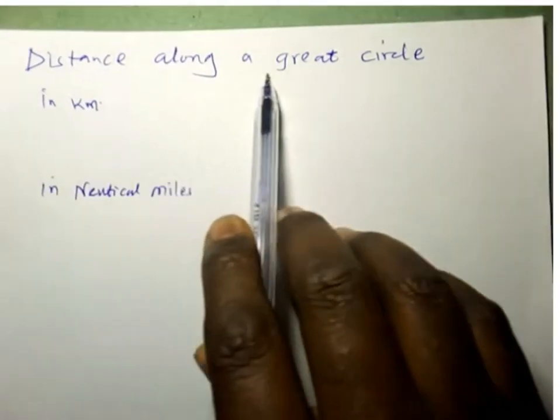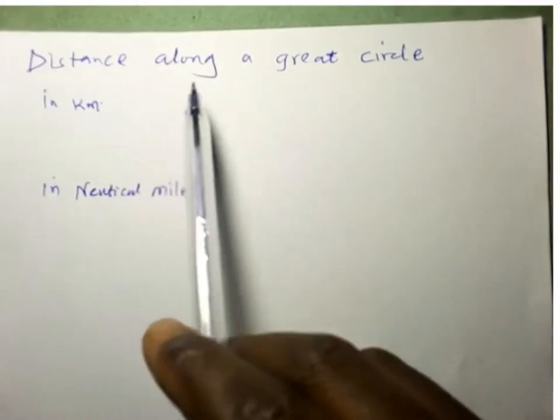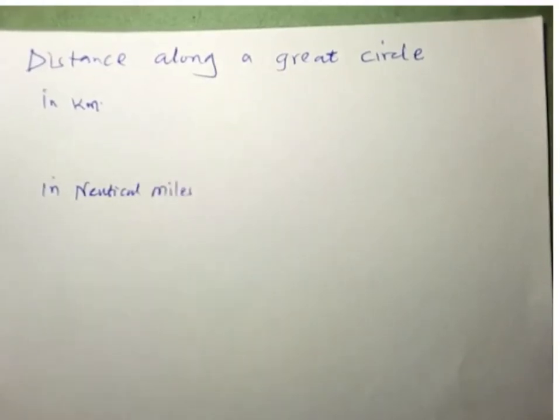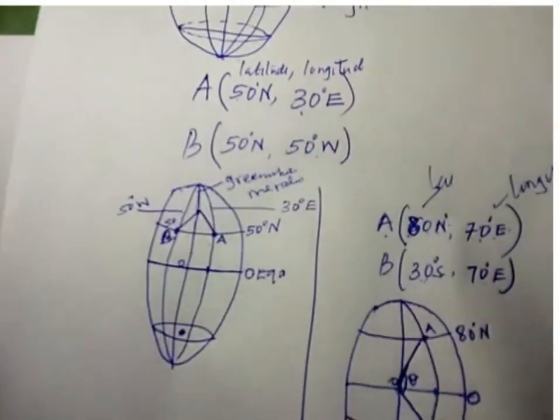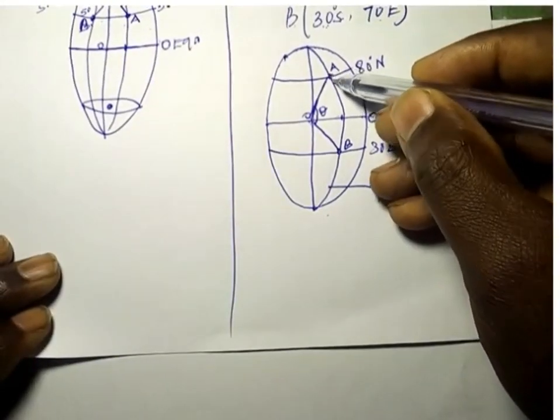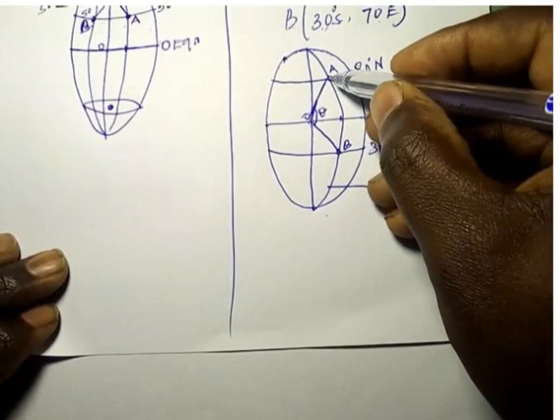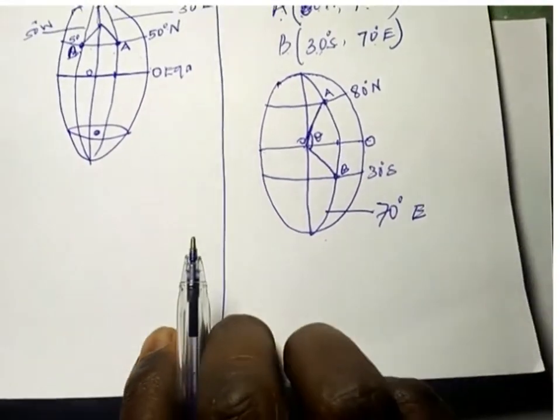So distance along a great circle. We can calculate the distance along a great circle in kilometers and in nautical miles. But how do we calculate the distance? For example, the distance from A to B is the arc length between this point A and this one. How do we calculate the arc length?